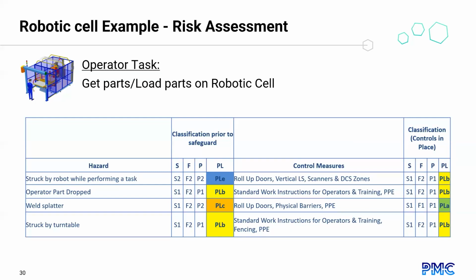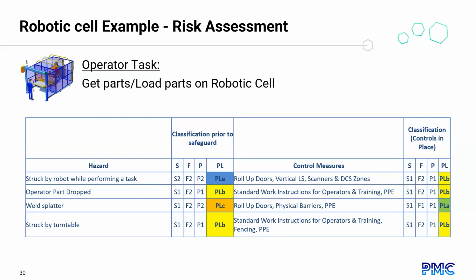Then for each of the hazards we have the level of severity, frequency, possibility of avoiding, and the combination of these three factors that is our PL, the performance level, but before the inclusion of the control measures. Next we introduce our control measures, and then we obtain a new degree of severity, frequency, possibility of avoiding, and finally a new performance level.